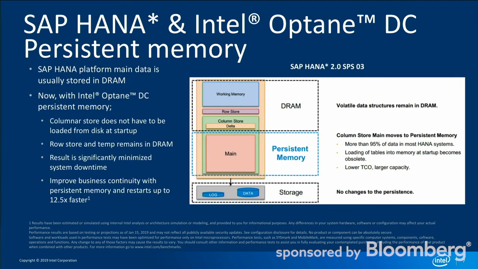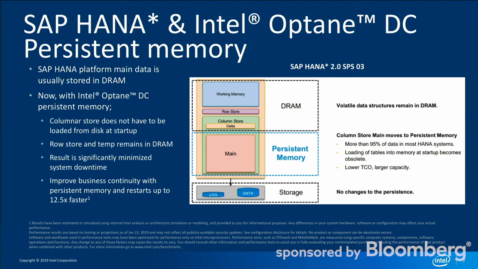In the case of SAP HANA, with their update, SPS 03, they've used the persistent memory pool in an Optane data center persistent memory server to store the columnar store, so they don't have to load that from disk at startup.